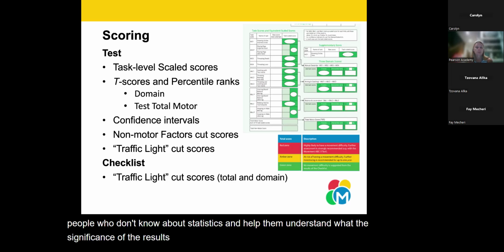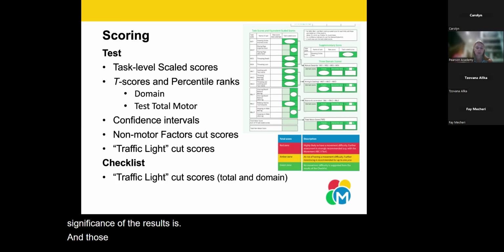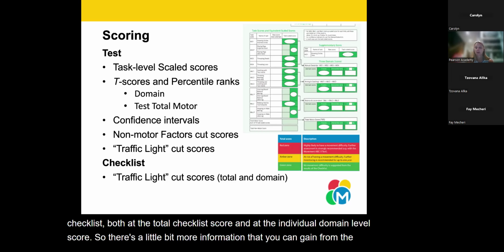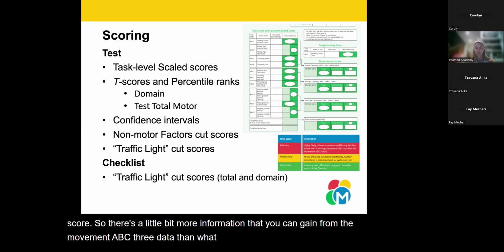That same traffic light system can also be applied to the checklist, both at the total checklist score and at the individual domain level score. So there's a little bit more information that you can gain from the Movement ABC-3 data than what you got from Movement ABC-2.